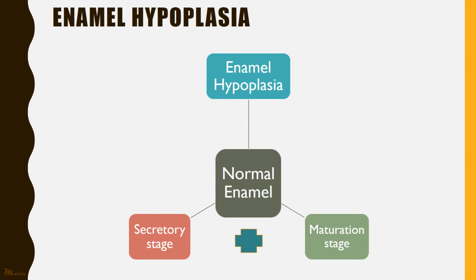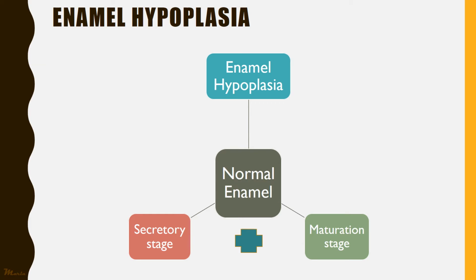So normal enamel is basically formed by the process of amelogenesis, wherein the ameloblasts will form the organic matrix which will undergo mineralization to give rise to the normal enamel. Amelogenesis is broadly divided into two stages, the secretory stage and the maturation stage.